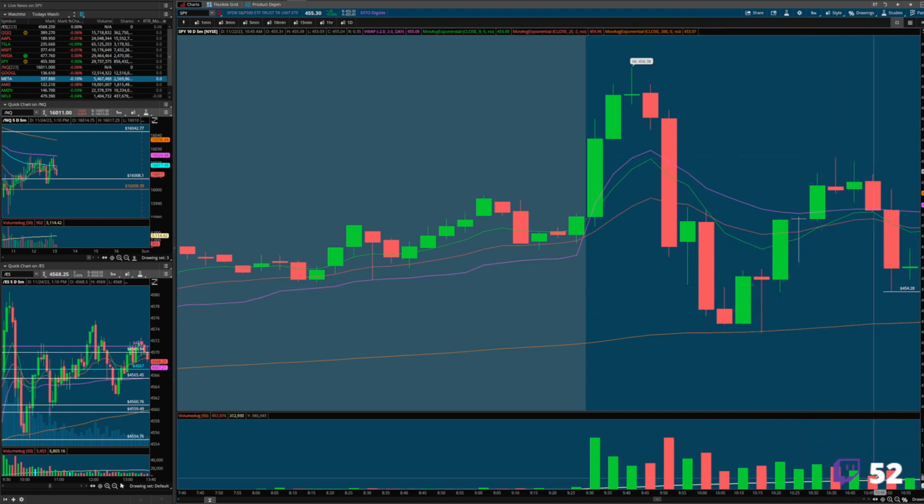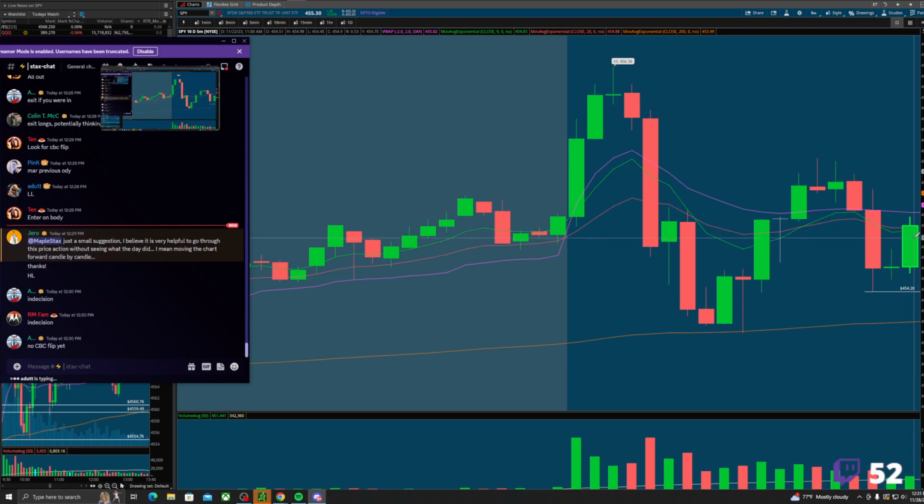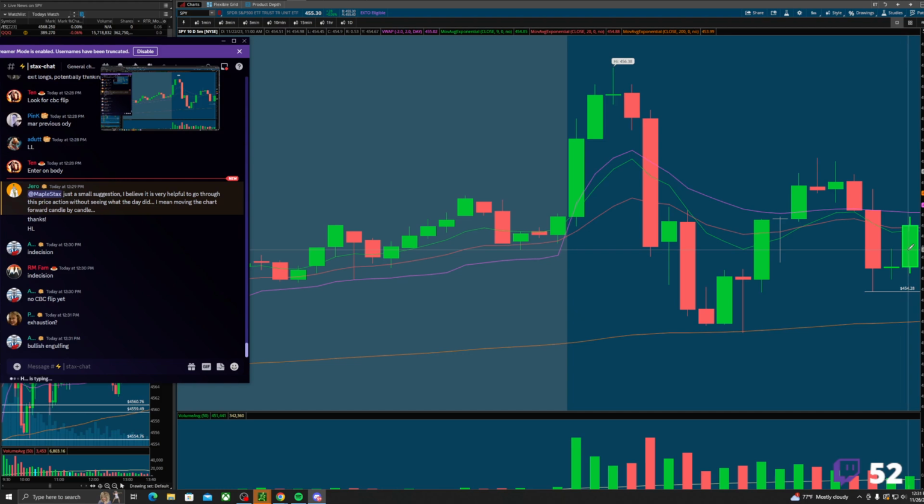But candle by candle method, what happens? What is that? What's this candle? This next one. What does that tell you? Bullish engulfing. That's a CBC flip, right?